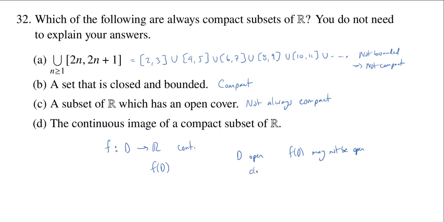If D is closed, f of D may not be closed. If D is bounded, f of D may not be bounded. All very, very sad, but compact: D compact, that was the exception. That implies f of D is compact. So in fact, this is true. We do get compactness here.